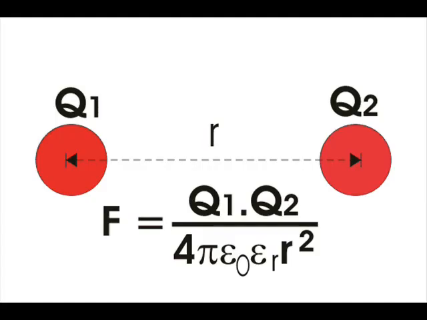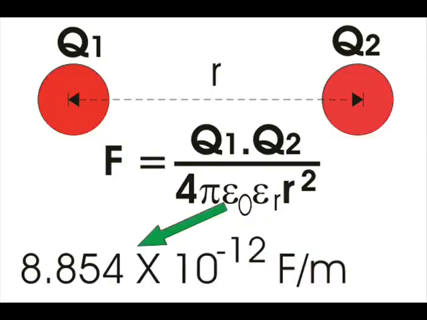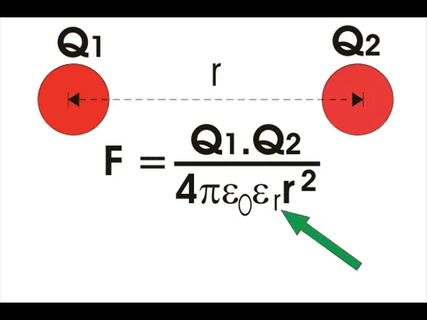The force acting between the charges is expressed as F equals Q1 into Q2 divided by 4 pi epsilon 0 epsilon r into r square, where epsilon 0 is the permittivity of air or vacuum and its value is 8.854 into 10 to the power of minus 12 farads per meter, and epsilon r is the relative permittivity of the surrounding medium with respect to the permittivity of air or vacuum.